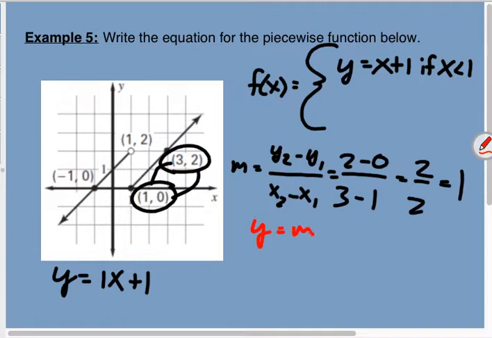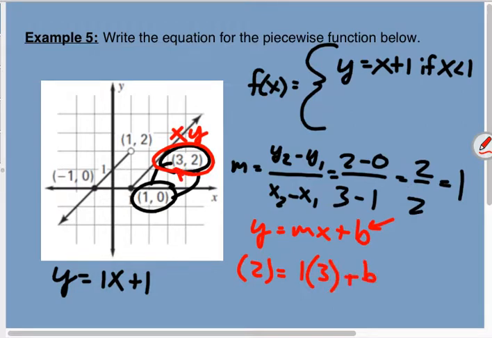y equals mx plus b. We want to find b. I know it's going to be negative 1, but just showing you how to do it. Let's just pick the point (3, 2). This will be my x. This will be my y. So I'm going to plug in 2 for y, 1 for the slope, this 3 right here for x, plus b.